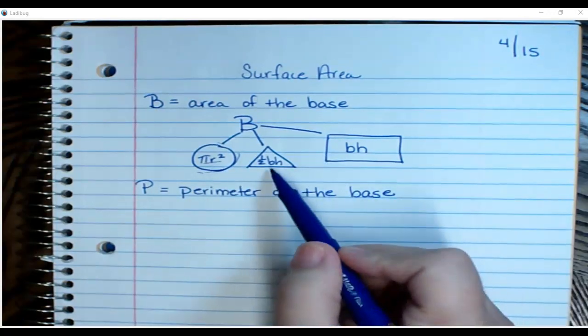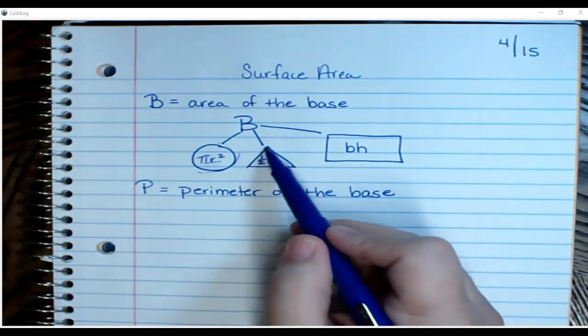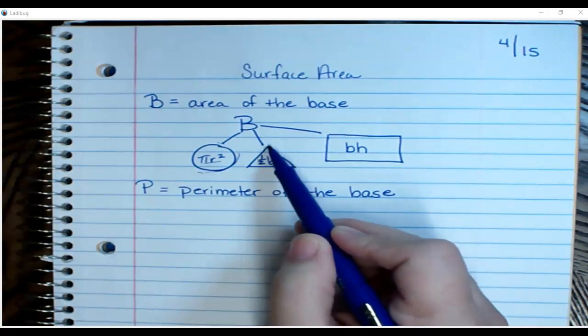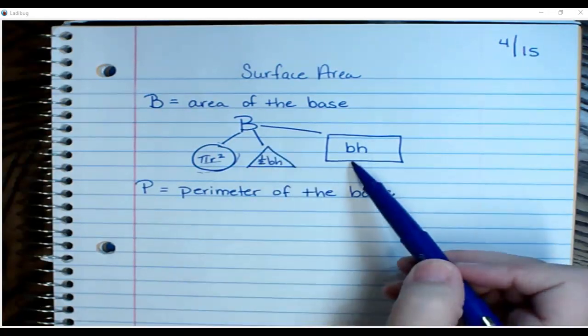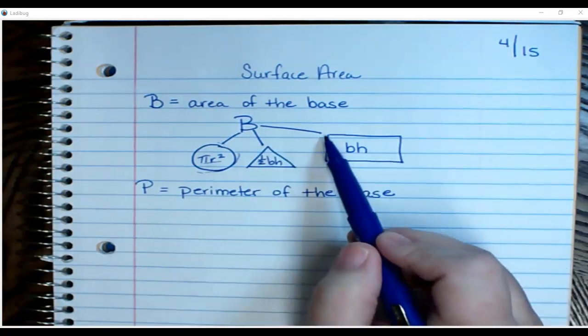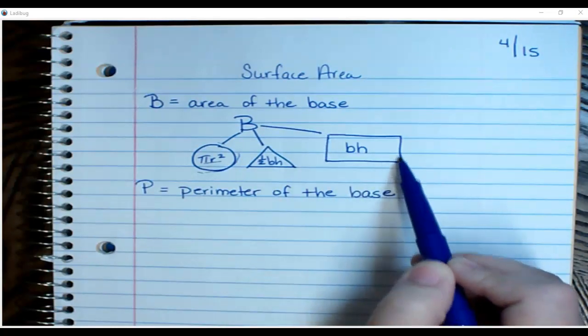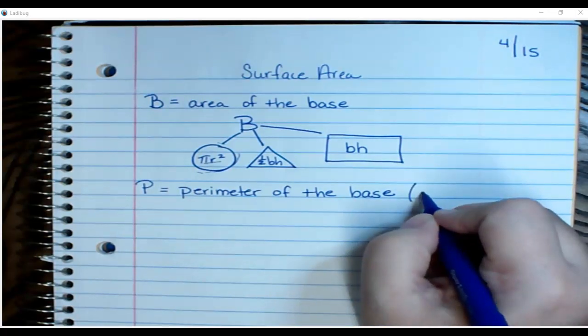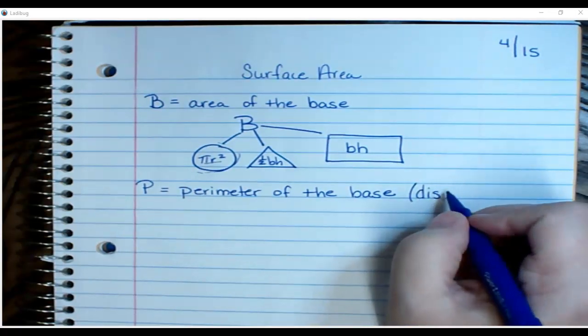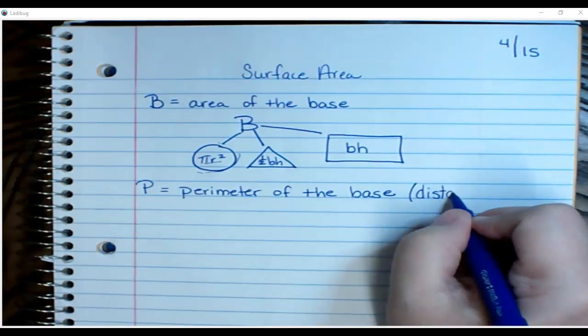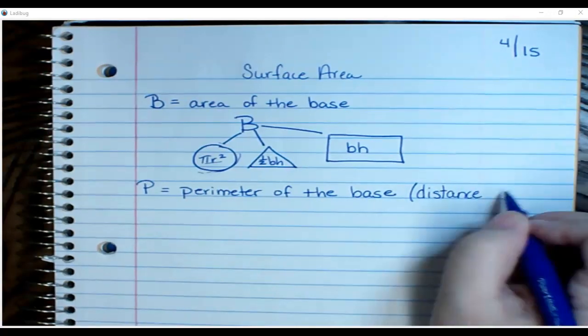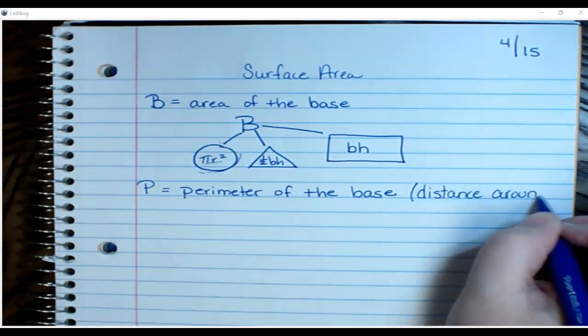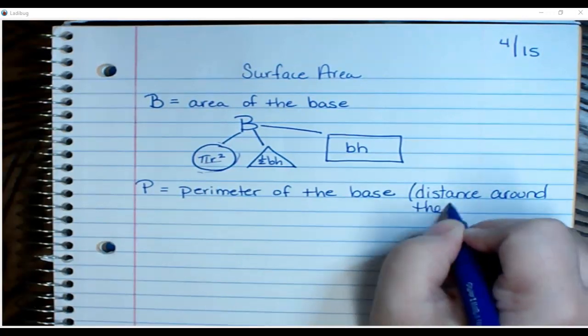If your base was a triangle and we needed to find the perimeter of the base, we would add up all three sides. Same with a rectangle. If we needed to find the perimeter, that's the distance around the base, so we would add up all four sides. So perimeter is the distance around the base.